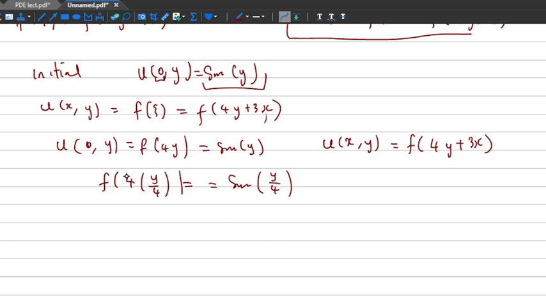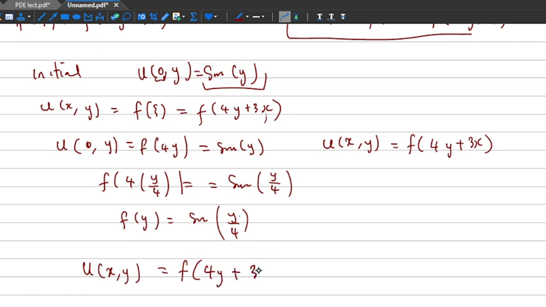So that we get rid of this 4. And our f of y would be equal to sine y over 4. So now to find the general solution, we'll say since u of x comma y is equal to f of 4y plus 3x, this would be equal to f of y.